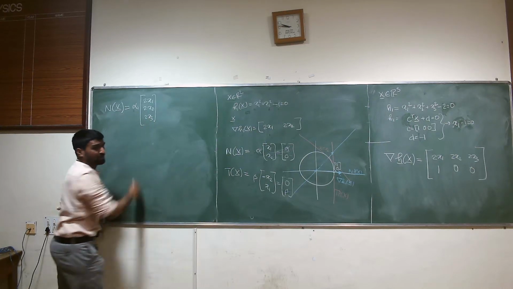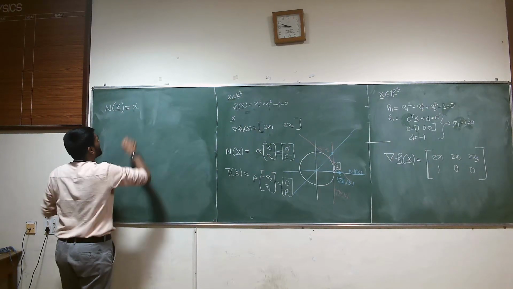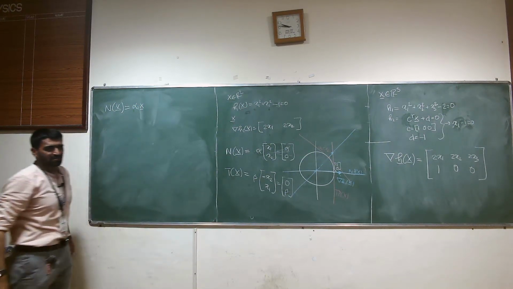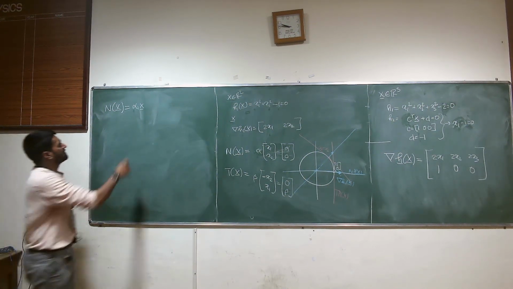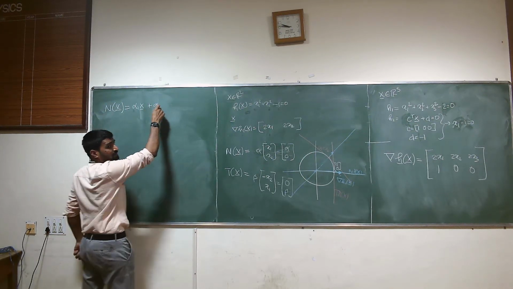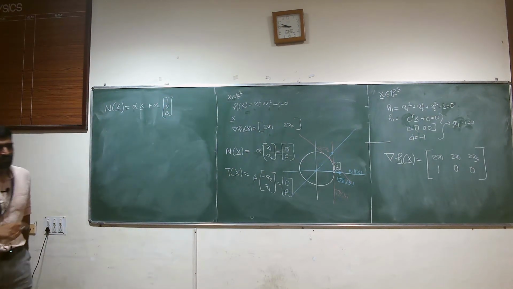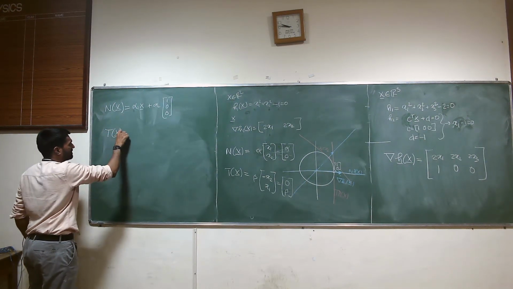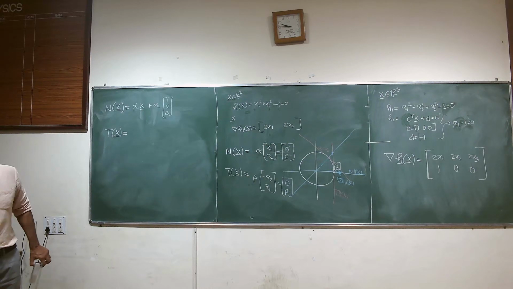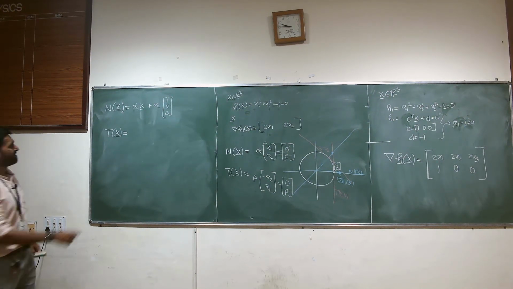What I'm going to do is remove the 2 and let's say that's now in alpha. That means here, this is essentially x, the value of the vector at that point, plus. Is it okay? Okay. What about this? Tell me what this will be.